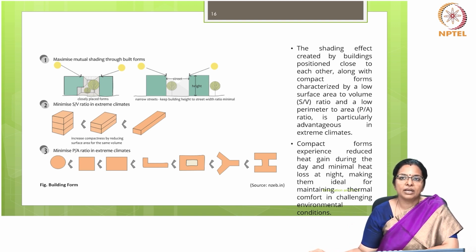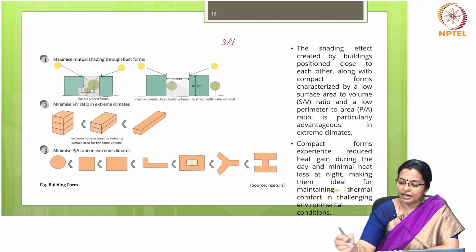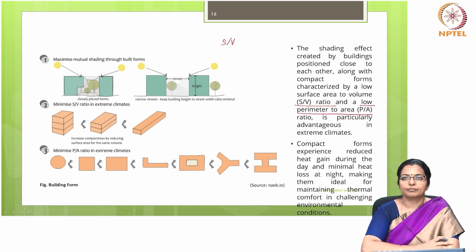Second, it minimizes heat loss. Third, there is provision for mutual shading. Fourth, it is more energy efficient. So, the ideal form of building is characterized by compactness and optimized by a low surface to volume ratio and a low perimeter to area ratio.